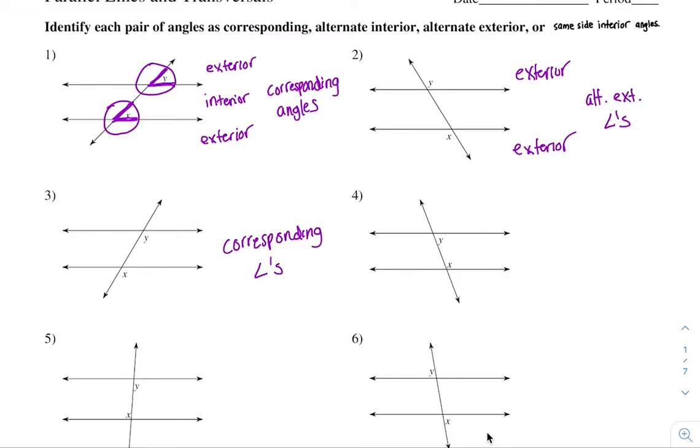Number 4, okay, so this is interior, and both of these angles are interior. So we have either alternate interior or same side interior. Well, if you look at this transversal, they are both on the same side. As a result, this is going to be same side interior angles.